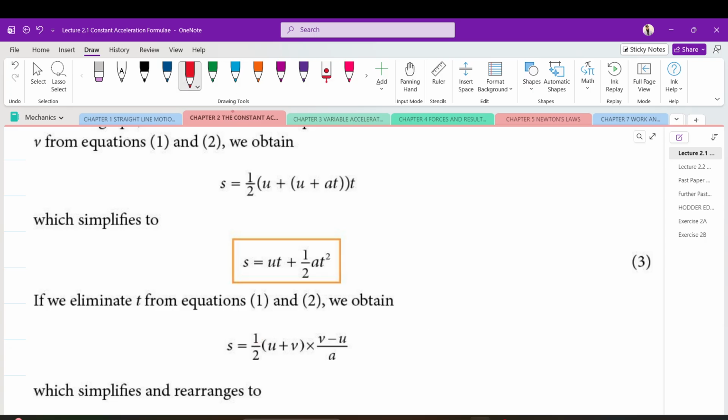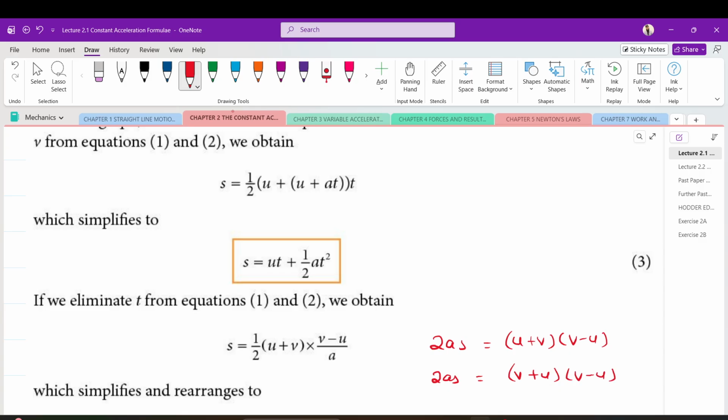Let me write it with this pen. 2as is equal to u plus v times v minus u. If I slightly rearrange this, v plus u times v minus u.